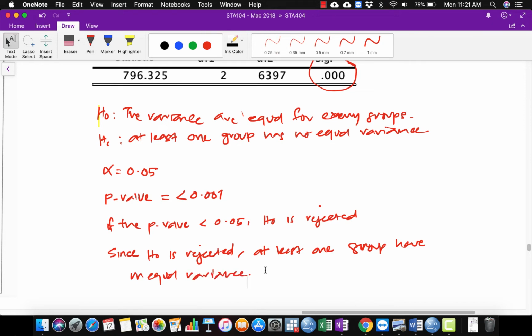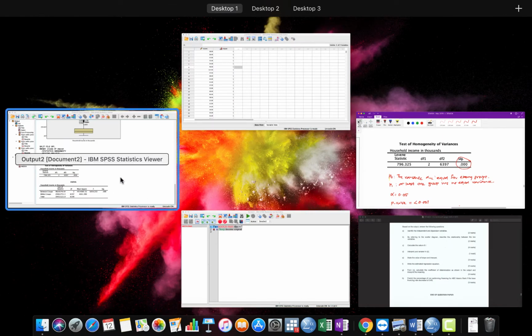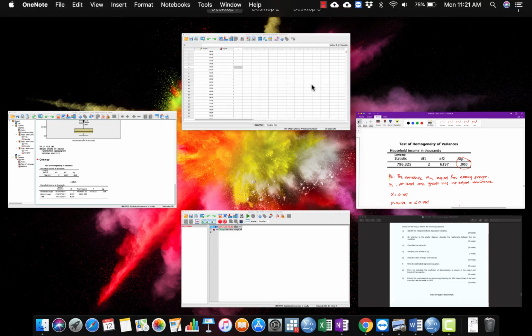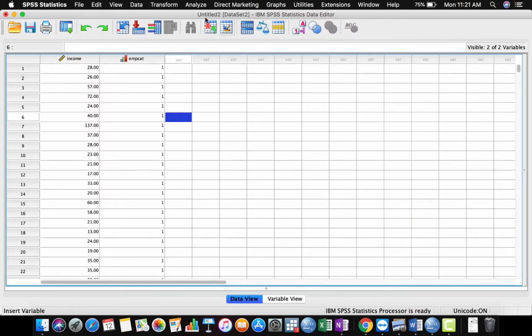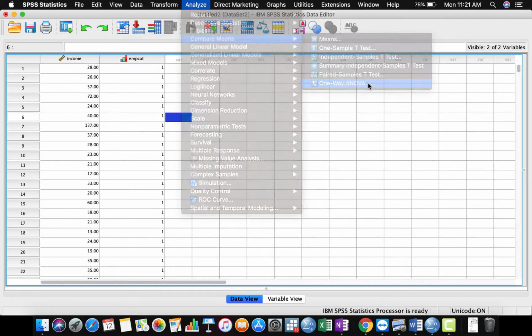Since at least one group does not have equal variance, we cannot proceed with the post hoc test with equal variance assumed.